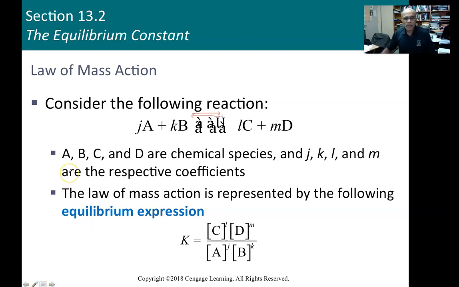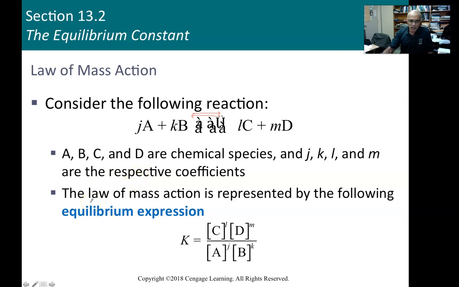So now let's continue. In a reaction of aA and bB with the mole quantities to give you cC and dD, A, B, C, and D are chemical species or compounds, and those small letters, as you know, are the coefficients, which are the mole ratios.